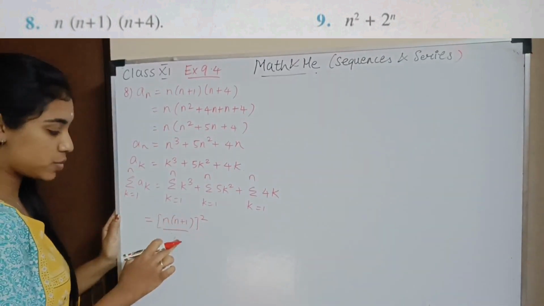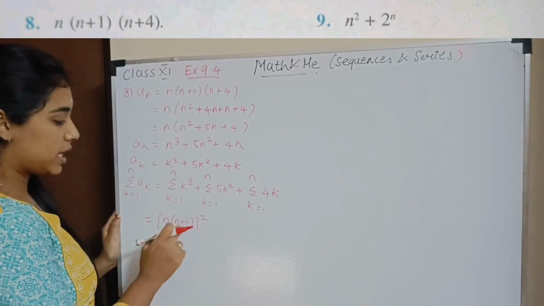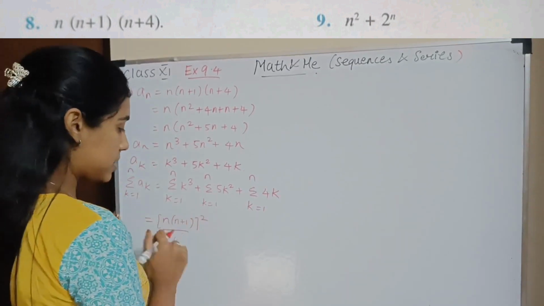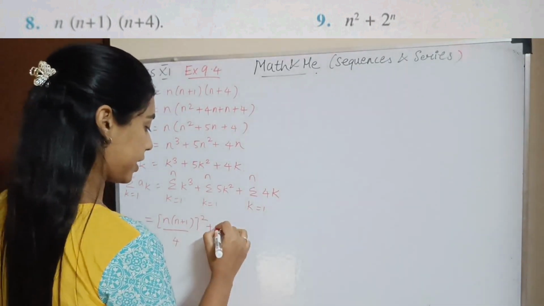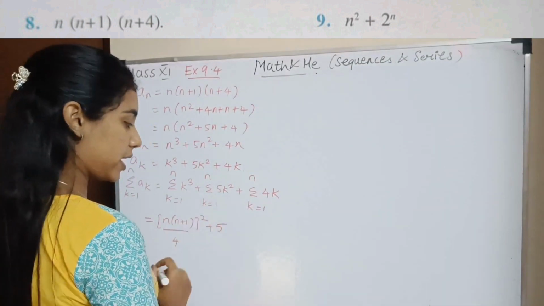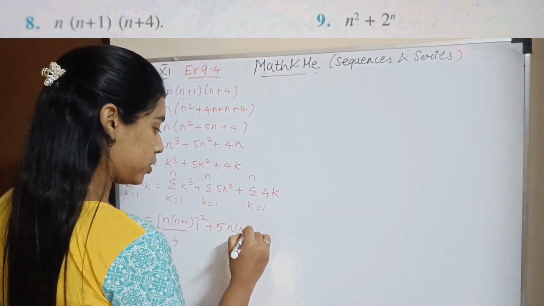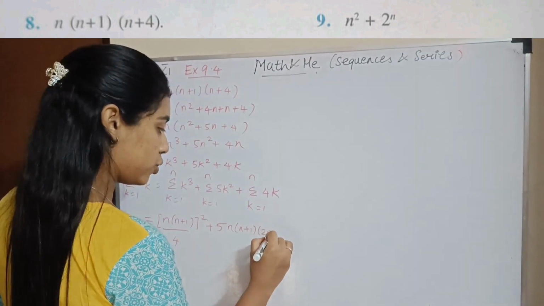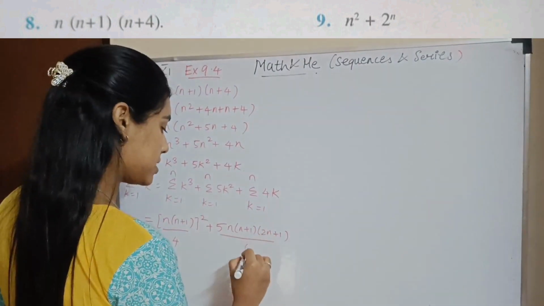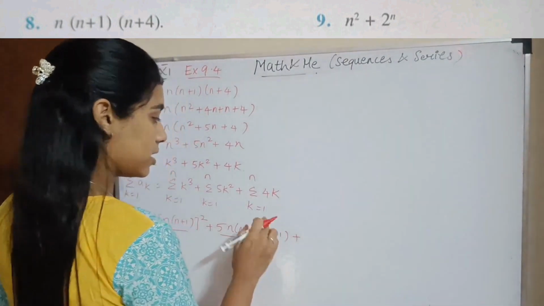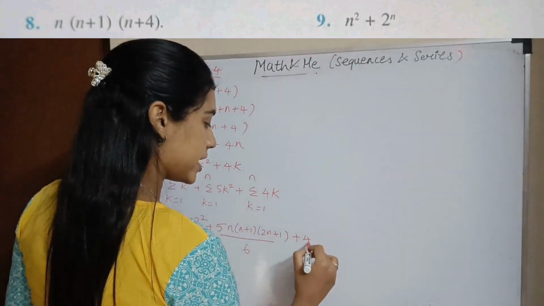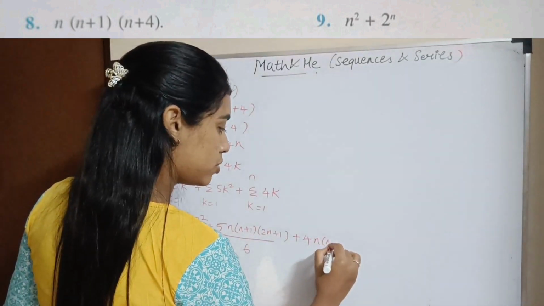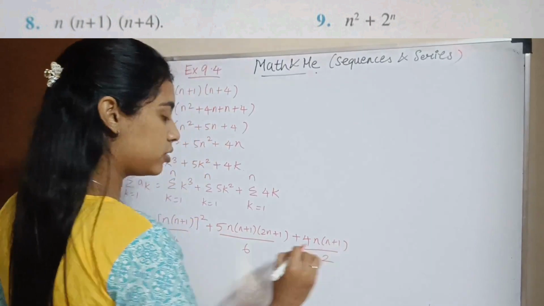It is n into n plus 1 divided by 2 the whole square. I have written it down in the simpler way. Plus I have 5 times k square, n into n plus 1 into 2n plus 1 divided by 6. Plus what is it for 4k? 4 comes outside. For k it is n into n plus 1 divided by 2.